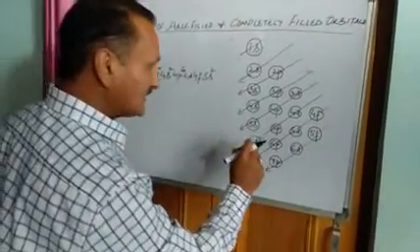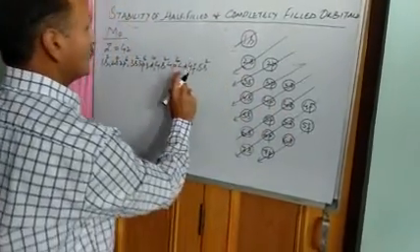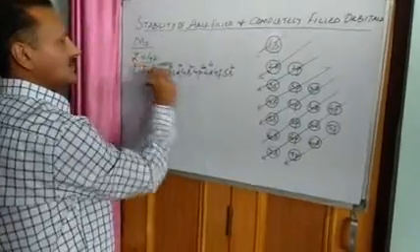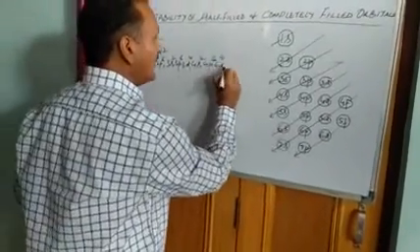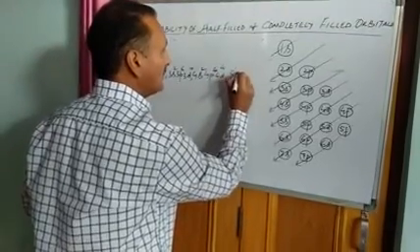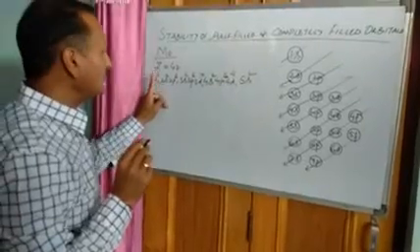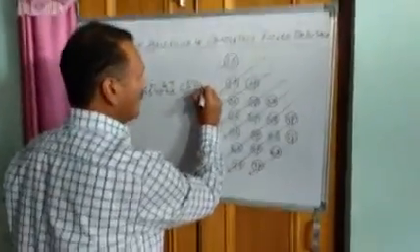After 5s, I move to 4d. How many electrons are required? 4. And now it is 42. So the electronic configuration as per Aufbau table of molybdenum having atomic number 42 is this. But again, this is wrong.